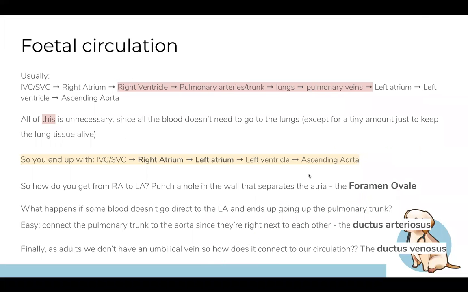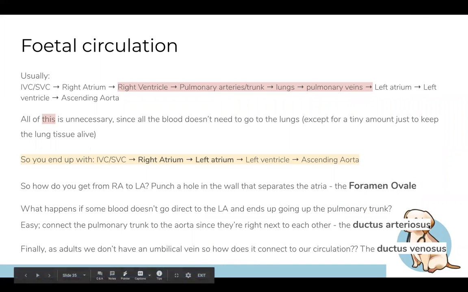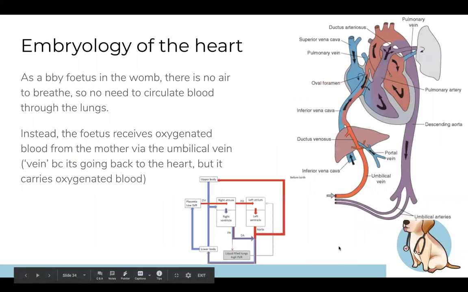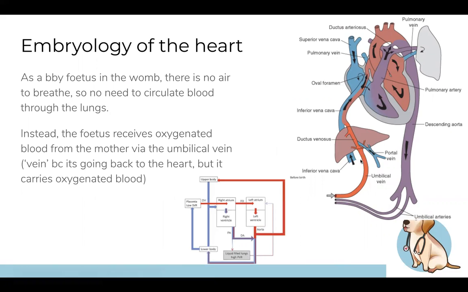So it's all good. And then finally, we don't have an umbilical vein as an adult. So how does the umbilical vein actually connect? This thing called the ductus venosus here. I don't really know how to explain that, but usually your blood flows through your body and then goes to the liver, gets cleaned and then keeps going.